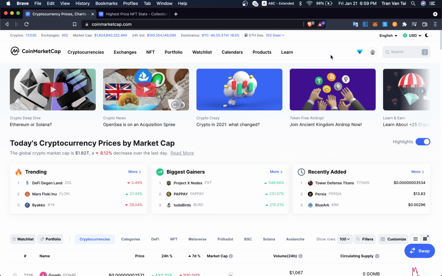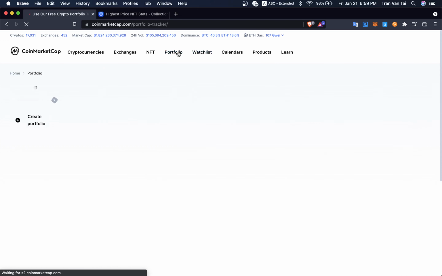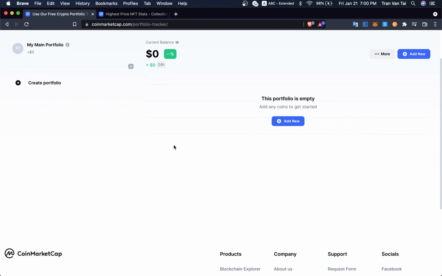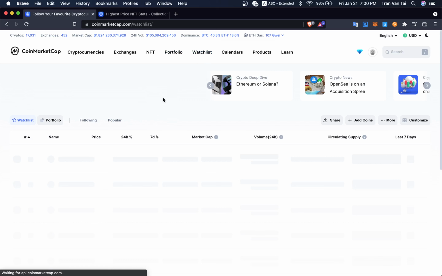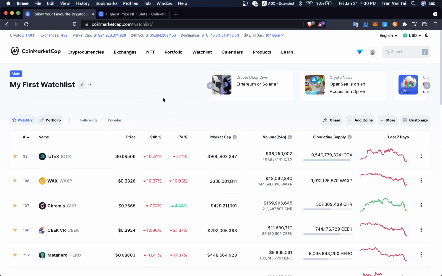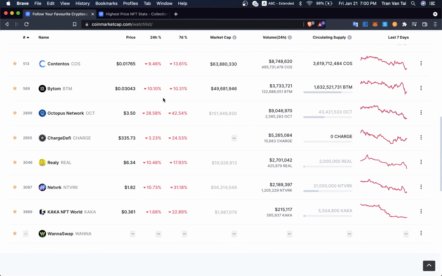Portfolio may be about your portfolio if you add some of your favorite tokens in the watch list. This is the portfolio, the portfolio watch list. You can add your favorite tokens in a certain watch list which you like.